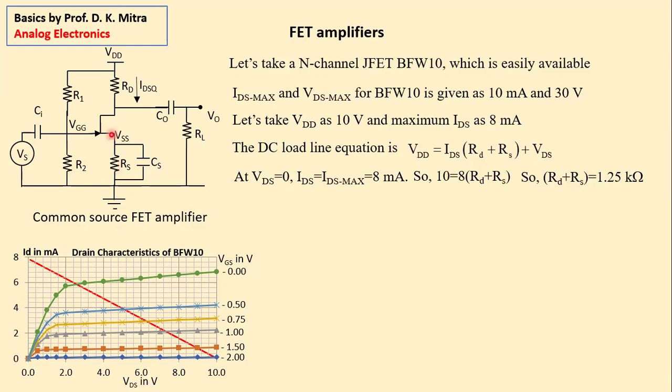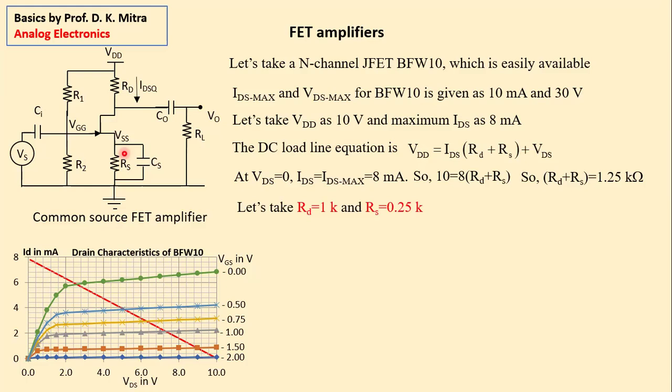In FET also, I always propose this ratio, not 1:5, not so high a ratio, say around 1:3 or something like that. So this 1.25K, I divide in two parts. I make this RD as 1K and RS as 0.25K. So it is once again about a 1:4 ratio. So see, these two resistances are already decided.